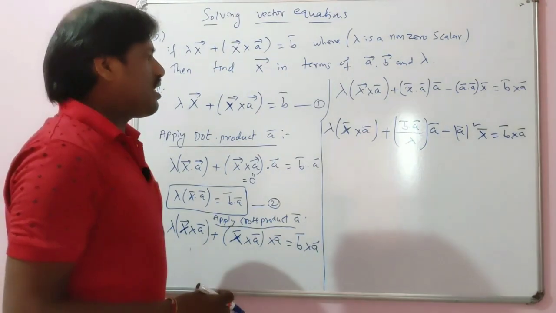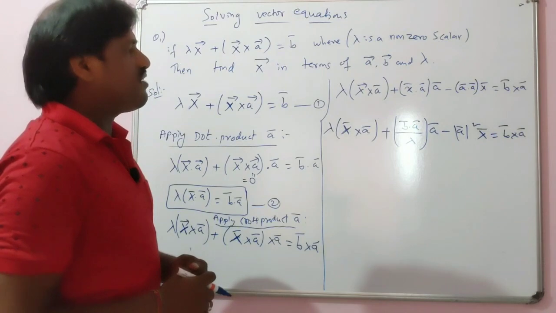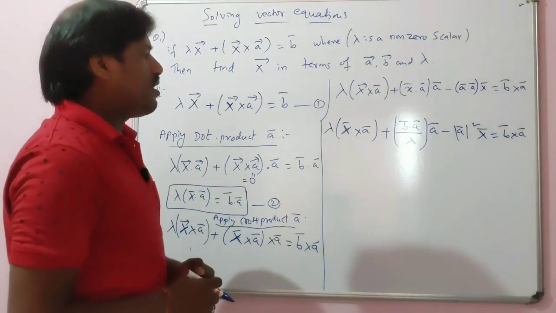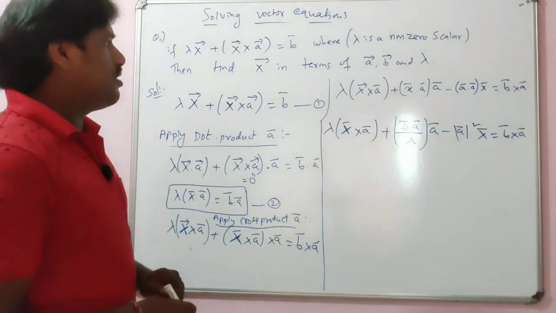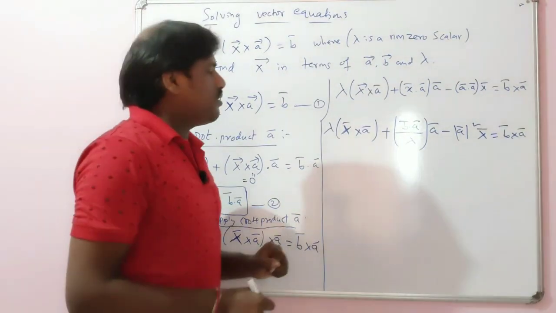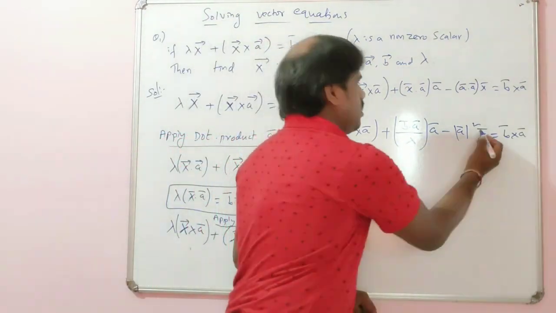Finally I can write this value, I have to get in terms of x, all I have to get here in terms of x, not in terms of any other. So what I do here right now, I'll send these all the things.